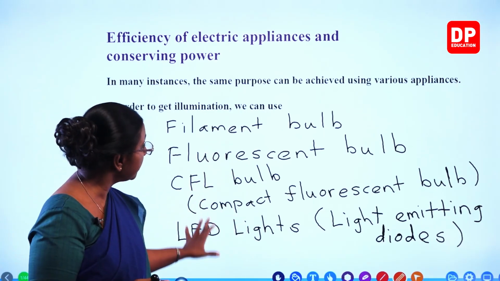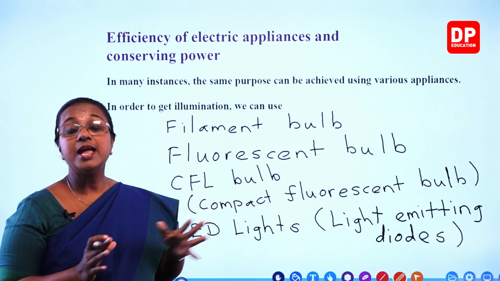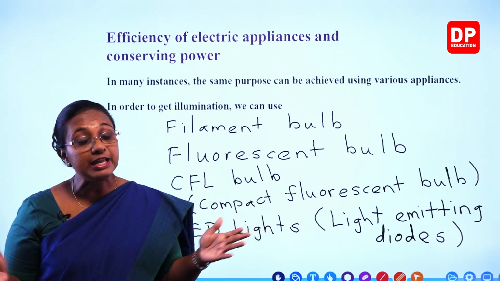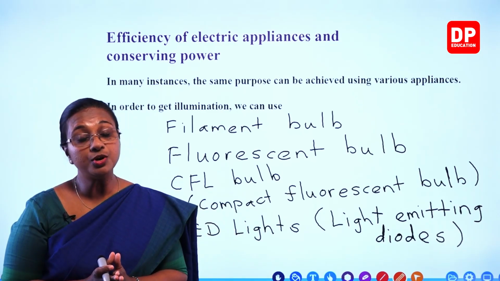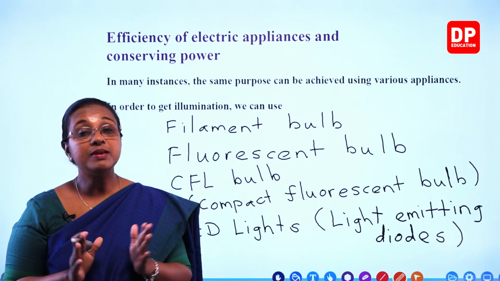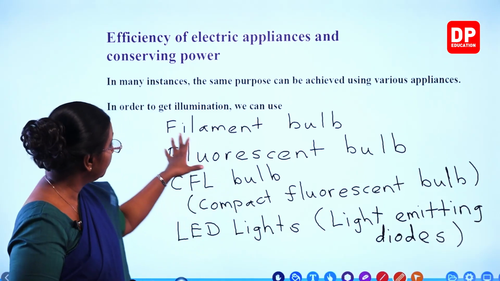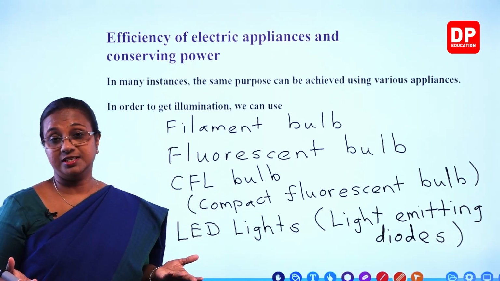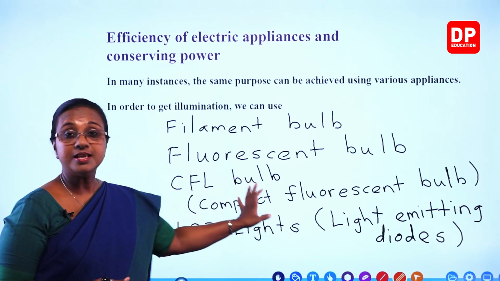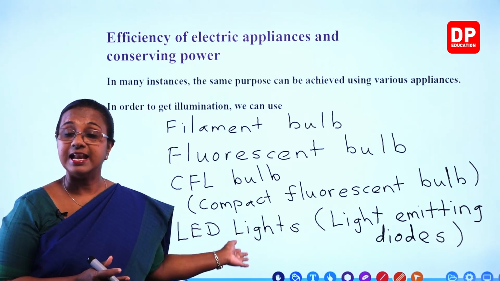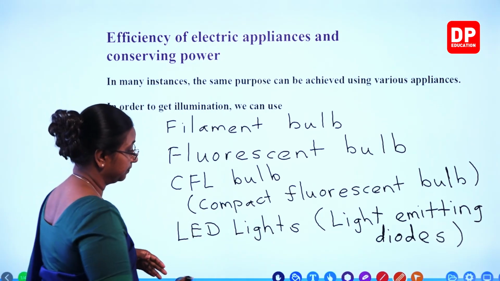So different types of lights or bulbs can be used for the purpose of illuminating a space, converting electric energy to light energy. Now we will need to understand which one is more efficient. That is the important thing. So with that, students, I am going to move on to the next slide and continue with the discussion.